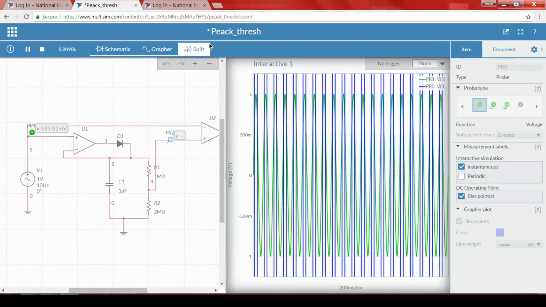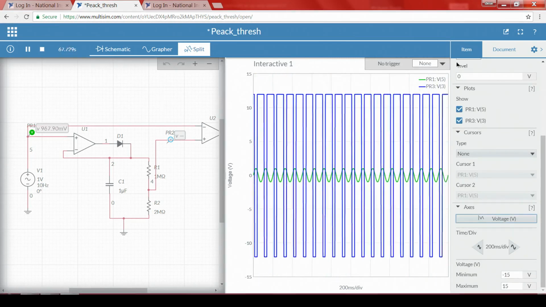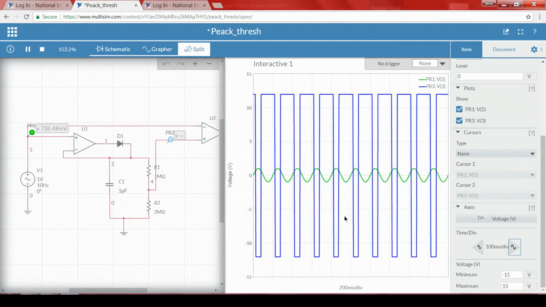Now, let me go to the split voltage. Zoom it. To understand this, what I have to do is create a cursor. The input voltage is 1 volt.